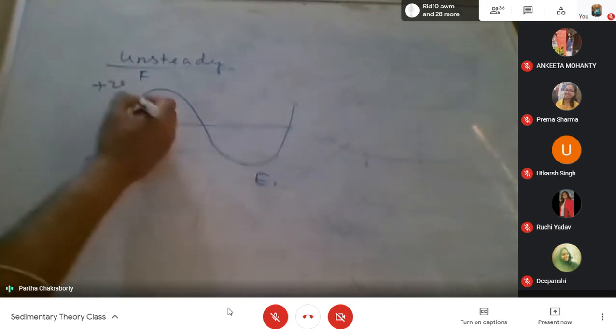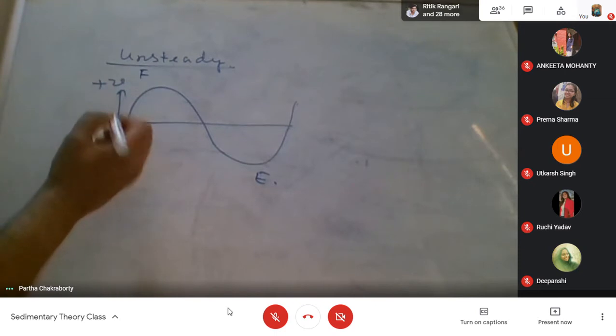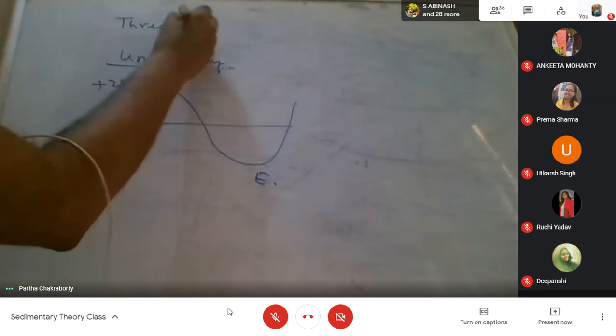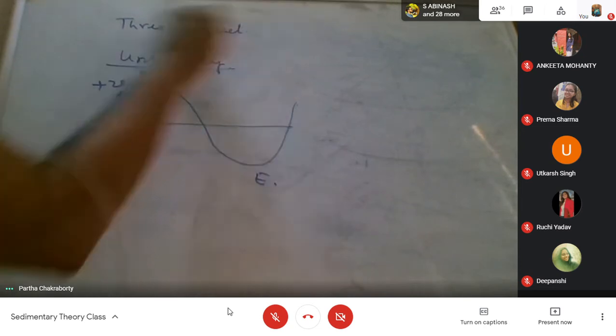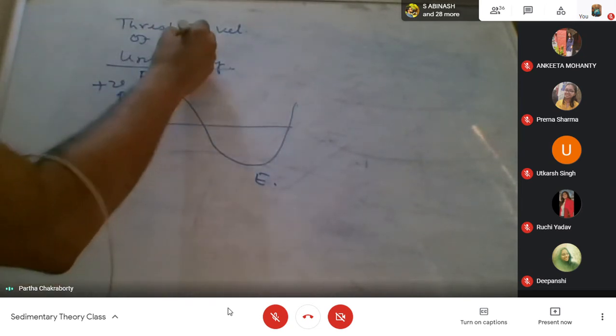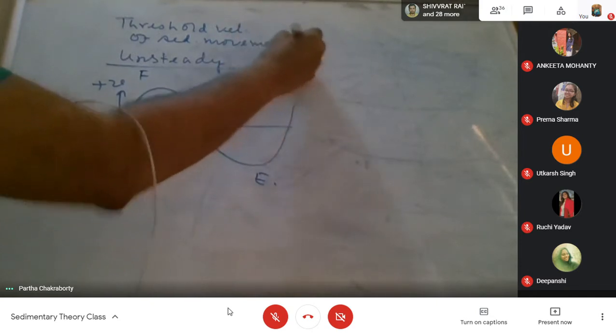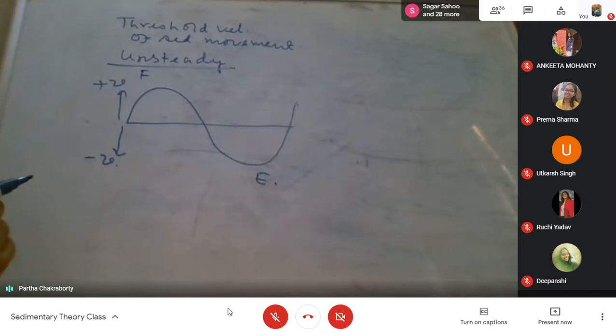Now, I superimpose the threshold velocity of sediment movement. That is, to move sediment, there is a minimum velocity requirement. Below that, the sediment cannot move.